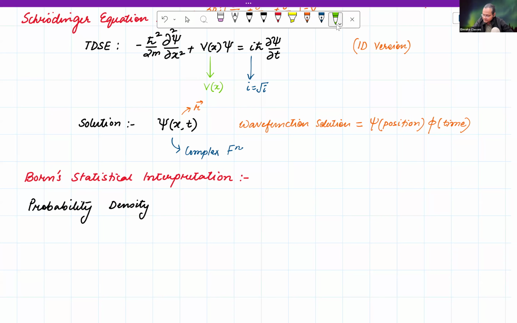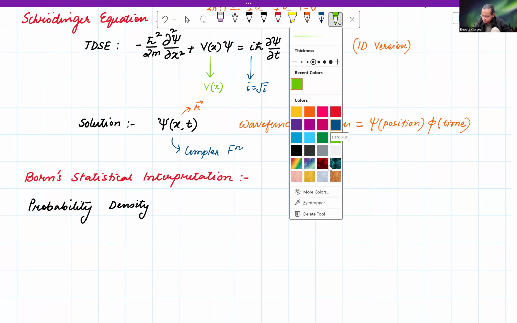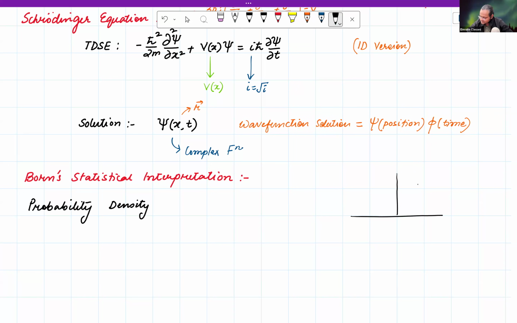If you have some kind of a wave function solution with respect to x, and you plot this wave function solution with respect to x, mod square, then this simply gives us an idea about the probability density associated with a measurement to find the particle in a given region. Here we are taking it at a particular point in x.